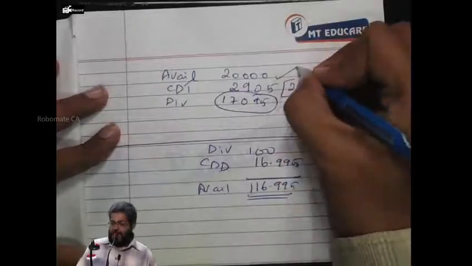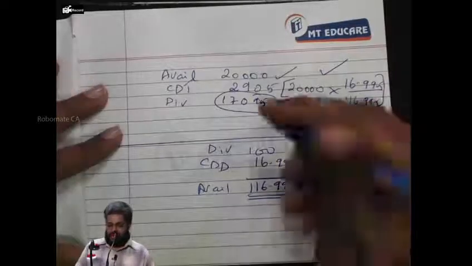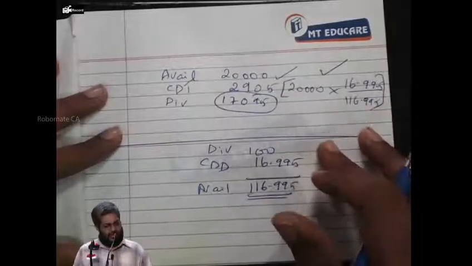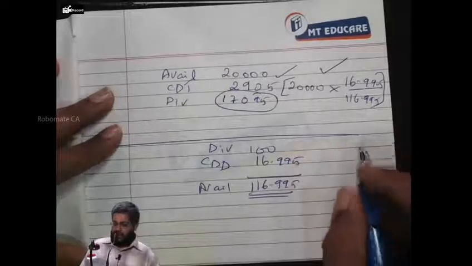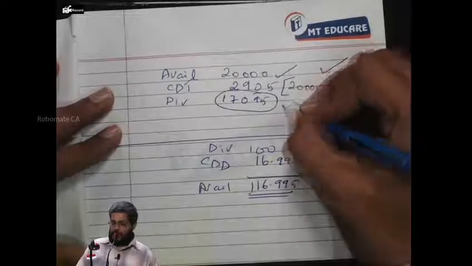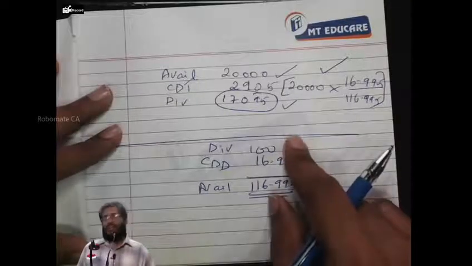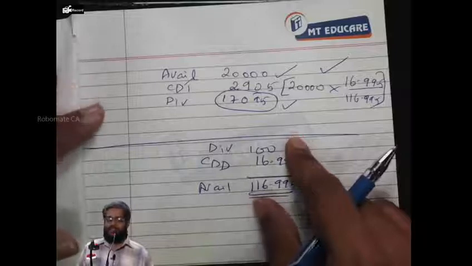CDT is 2,905, the corporate dividend tax. Next, dividend distributed: 17,095.